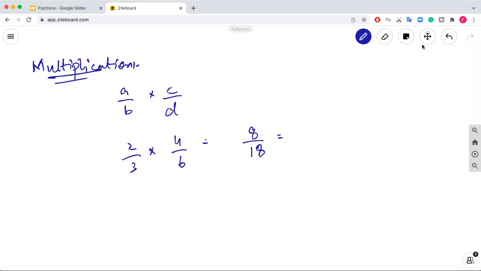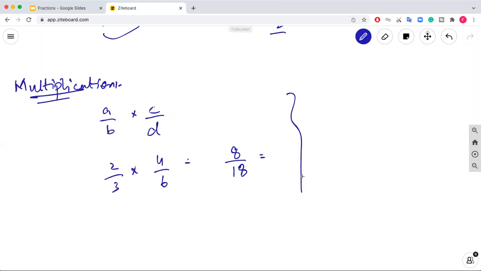But when you have greater values, for example 12 over 15 times 18 over 21, instead of multiplying first, perform the prime factorization first. What is the prime factorization of 12? That is 2 squared into 3. And of 15, and so on. We can then simplify this.